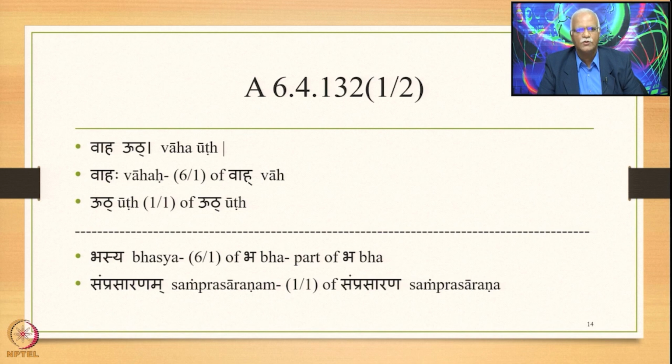Vah Ut has two words in it, two padas: Vahah, which is 6/1 of Vah, and Ut, which is 1/1 of Ut. The word continued is Bhasya, 6/1 of Bha, and in this case the sixth case means part of, because Vahah already has conveyed the meaning of in place of Vah. Samprasaranam is 1/1 of Samprasarana.